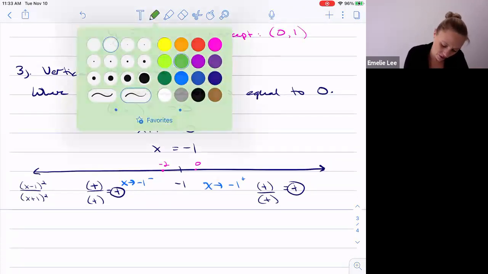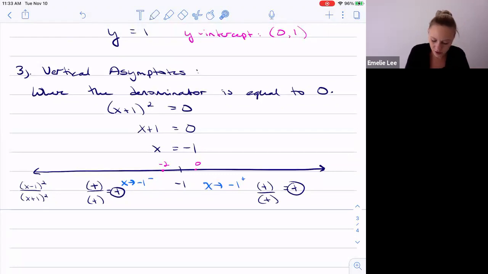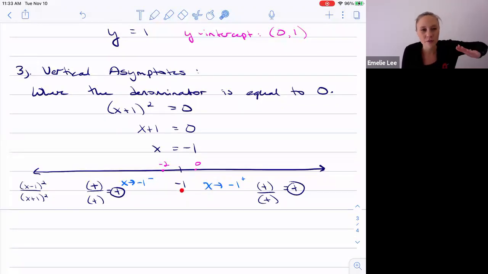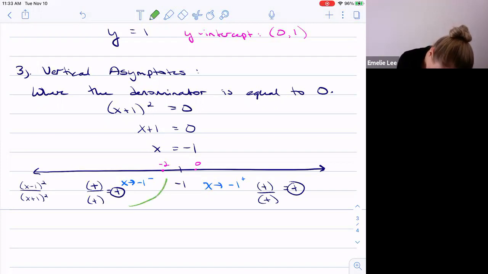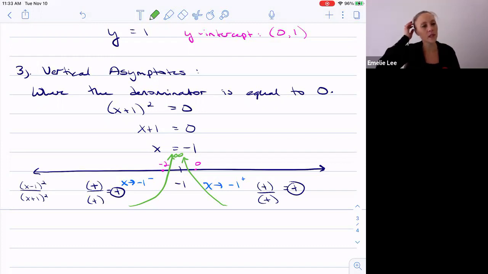So what we know is that as we approach -1 from the left as well as from the right, we get this positive increasing behavior. They're both going to positive infinity. So that's a key part of our sketch here.